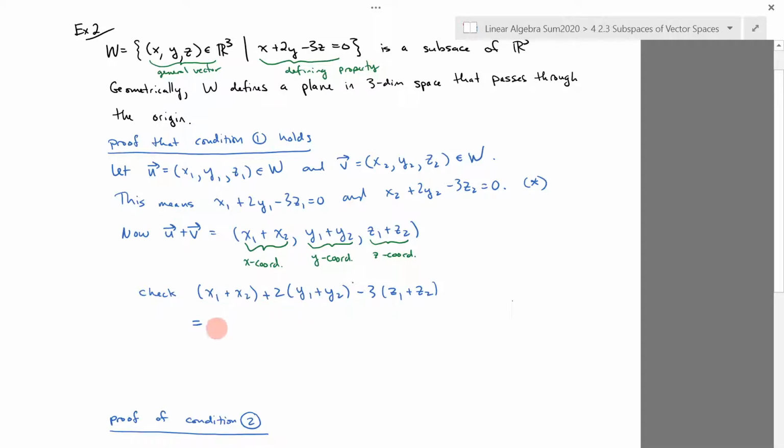So this is just x1 plus 2y1 minus 3z1 plus x2 plus 2y2 minus 3z2, right? So this, and this.